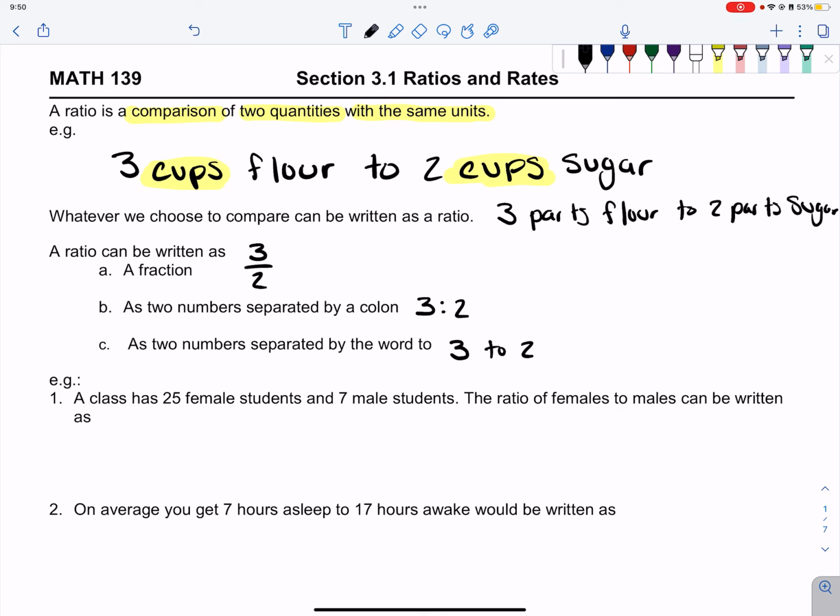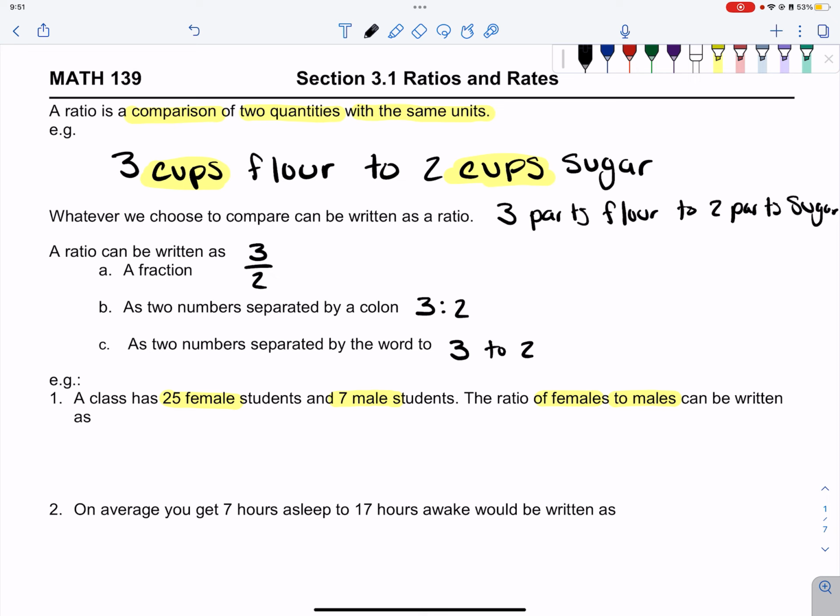So now let's work through a couple of examples with this. We have that a class has 25 female students and 7 male students. And I want to find out the ratio of females to males in this class. And this can be written 3 different ways.